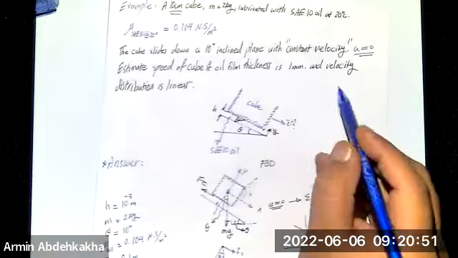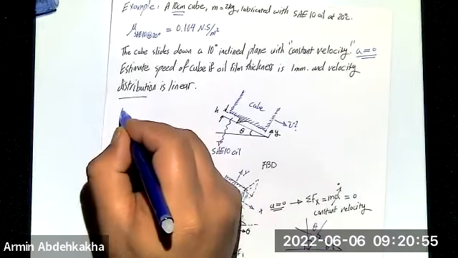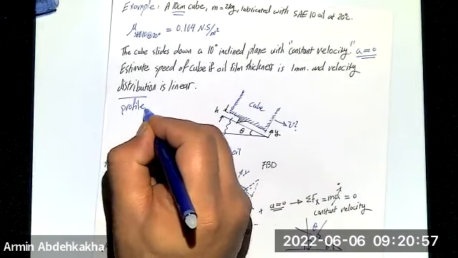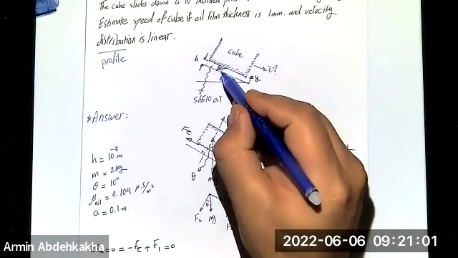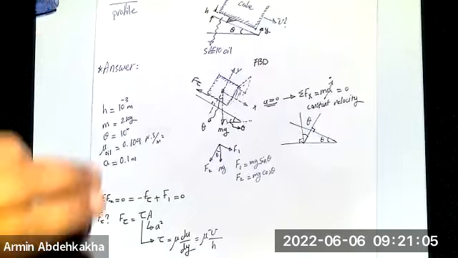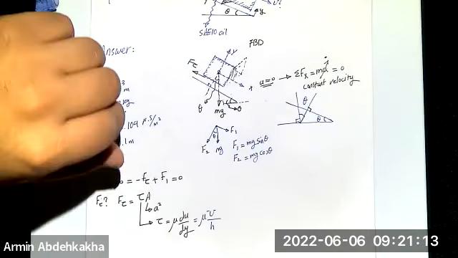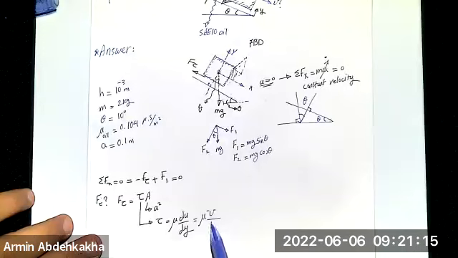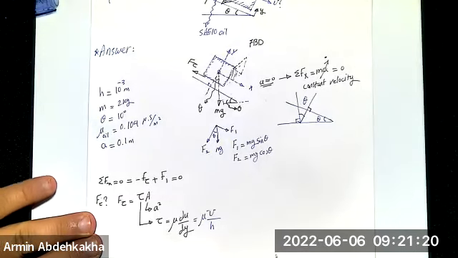Because it's mentioned here that the velocity distribution or profile is linear. Here it also shows that, based on our calculation and the profile equation distribution that we talked about in chapter 1, you can write that mu U over H is our shear stress.